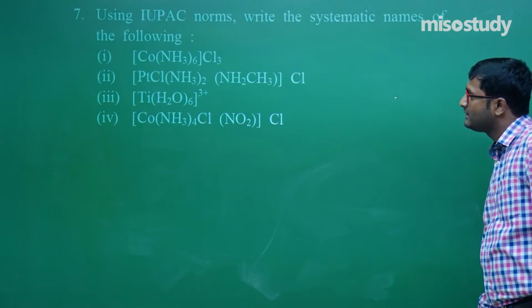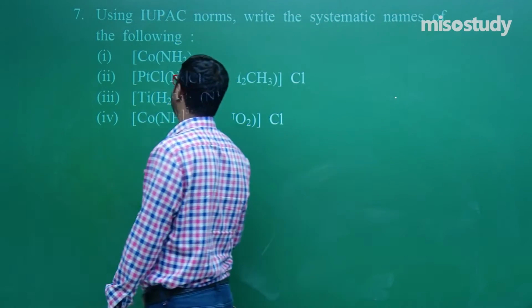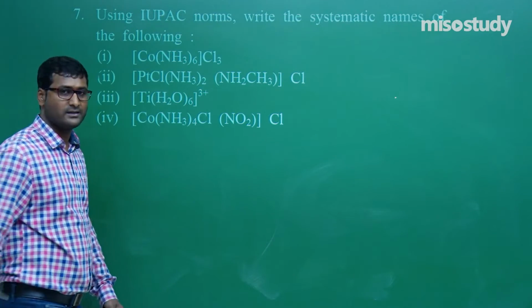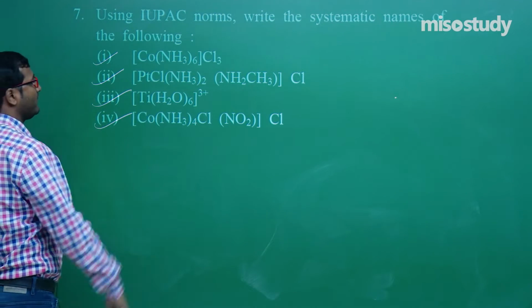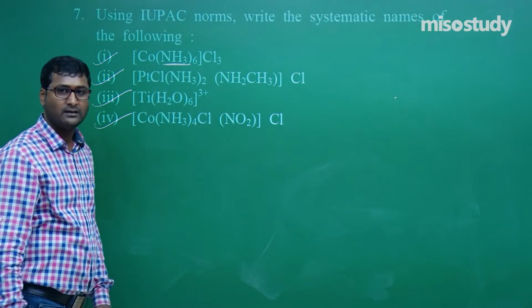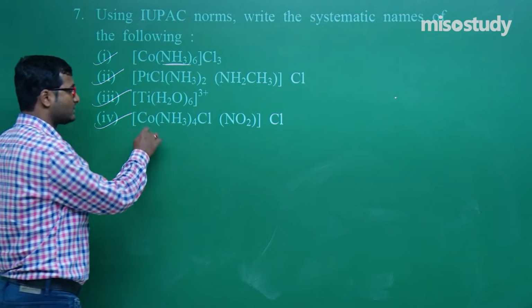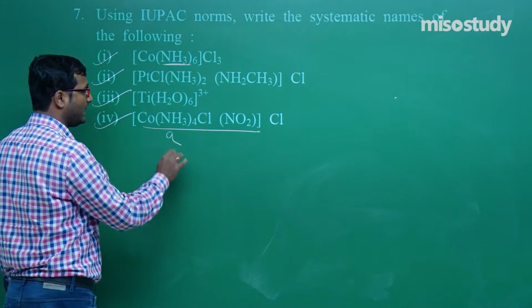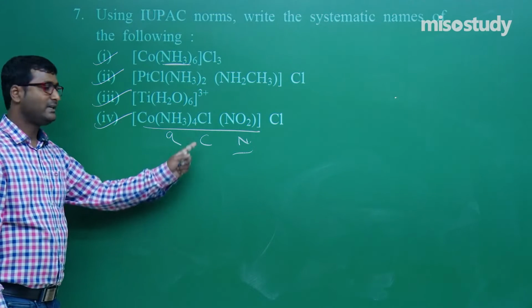The next question is very simple. We have done lots of practice on this, so I am leaving this question for you, my friend. Look at this: hexaamine cobalt(III) chloride. Now this one is in alphabetical order: A, C, N. So what will happen?